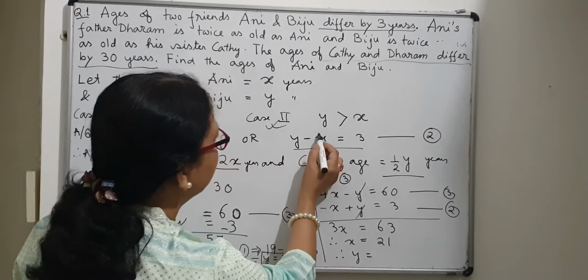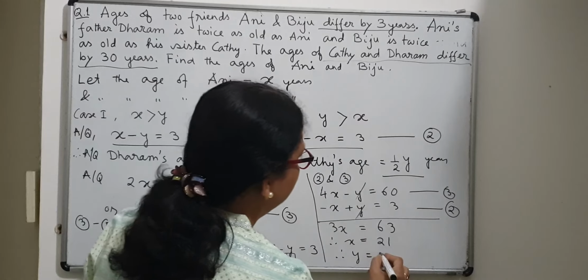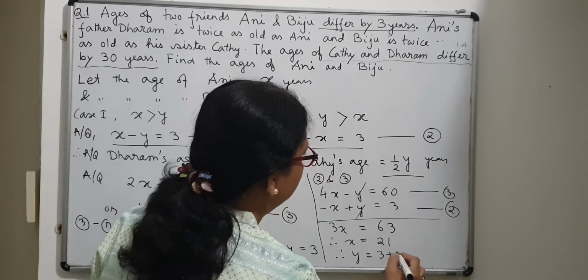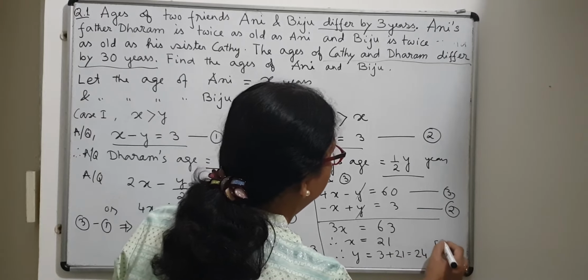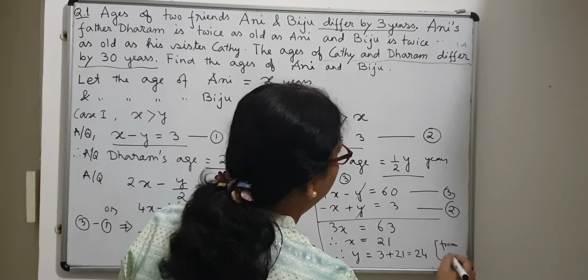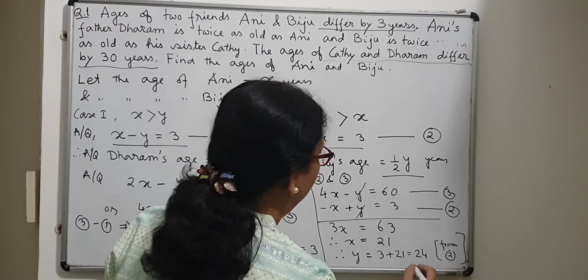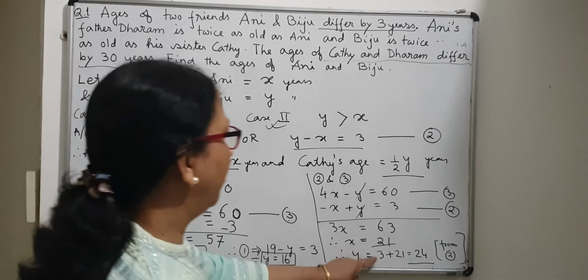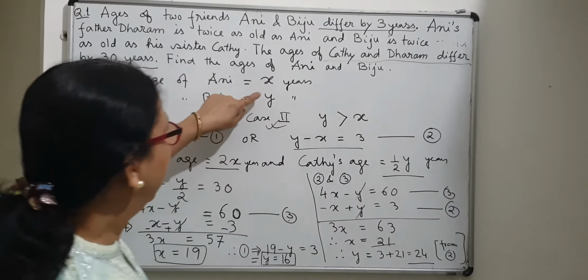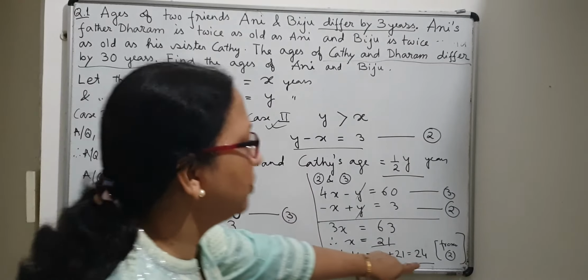What is y? X will go to that side, 3 plus x, 3 plus 21, that is 24. I am getting it from equation 2. So this is another pair of answer. That is when x is 21, y is 24. That is when age of Annie is 21, age of Biju will be 24.